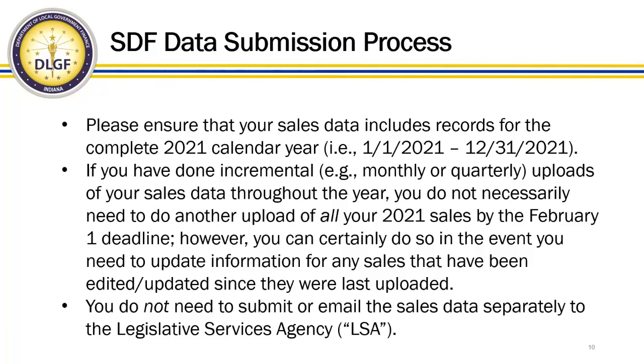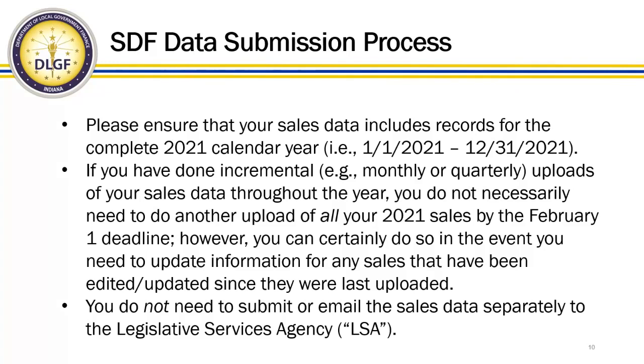If you are a county that has been doing incremental uploads of your sales data throughout the course of this year, you don't necessarily need to do another complete upload of all your 2021 sales by the February 1st deadline. That said, you're welcome to do so if you would like, particularly in the event that you need to update any information for sales that have been edited or updated since they were last uploaded to the Gateway sales application site.